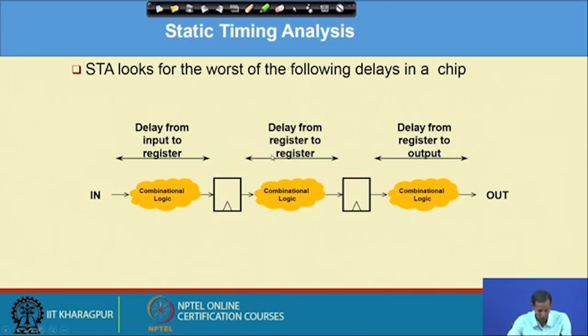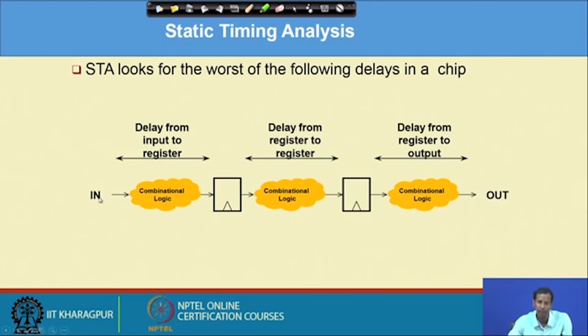Okay. Now, consider one particular system design. Inside this system, there are two registers, or sequential elements, connected between combinational logic, three combinational logic blocks. This is C1, this is C2, this is C3.